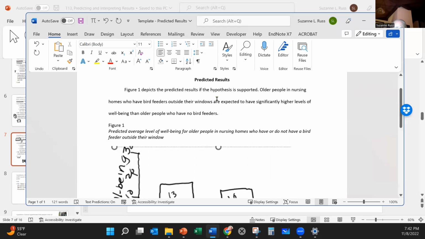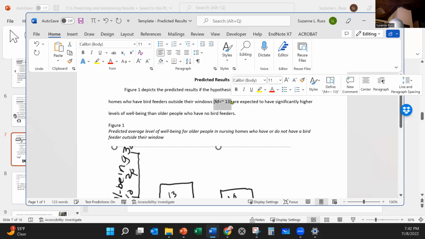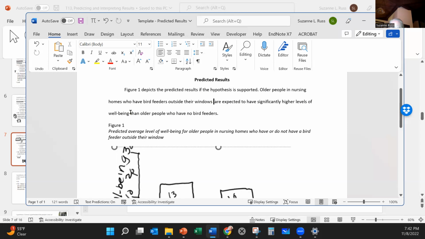Now we can write in some statistics here, or at least our general data. We're predicting that the ones who have bird feeders outside their windows, so right after that group, I'm going to put M equals approximately 13, and that I've gotten from the image below, are expected to have significantly higher, whoops, this needs to be moved to here. It needs to be right after the word well-being, significantly higher levels of well-being.